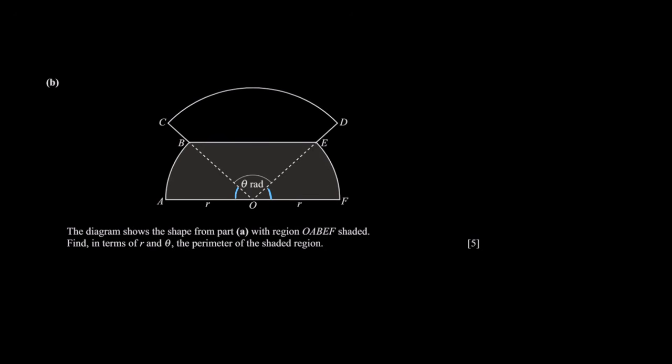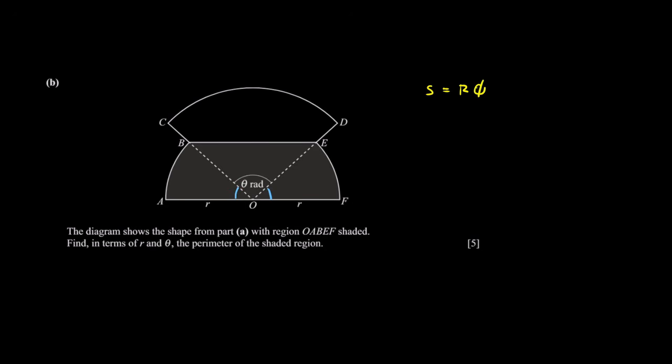So how do I find the arc of a sector? It's equal to the radius times the angle, so r theta, but we've already used theta in this question, so I'll use phi to make sure it's different. So what's this angle here in blue? This whole angle from there to there is going to be pi radians, because that's a straight line. If we subtract off theta, then both of these angles add up to pi minus theta, and so each one of those angles will be pi minus theta divided by 2.